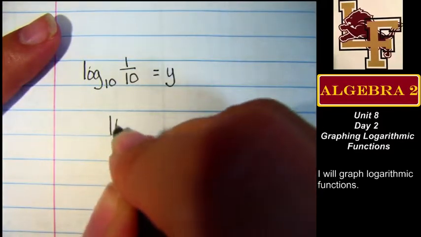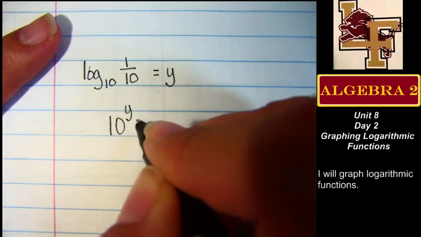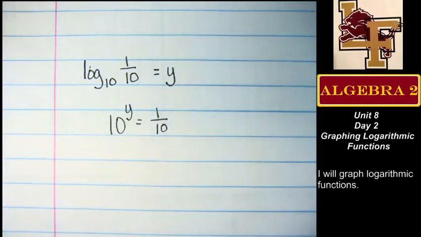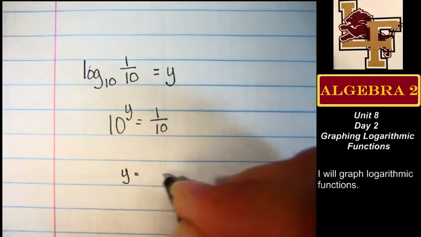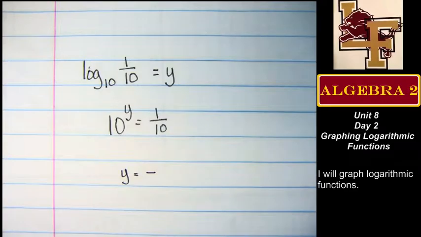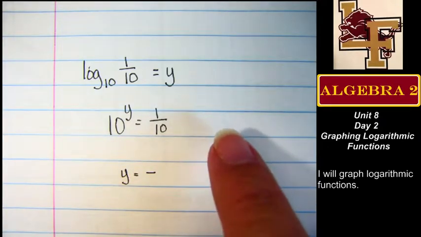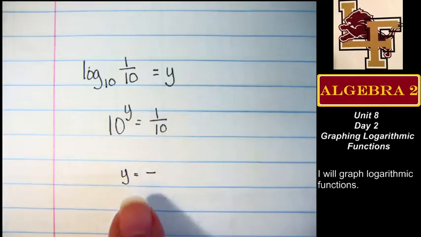Then I have 10 to the y equals 1/10. I'm going from whole number base to fraction answer. That means that my exponent is a negative. My exponent has to be negative to make that happen.